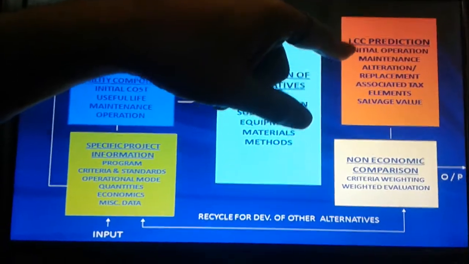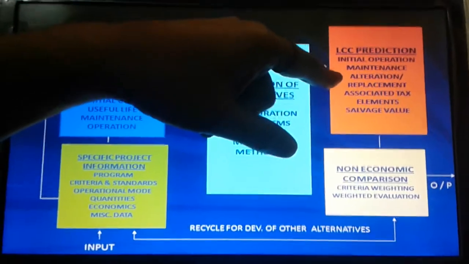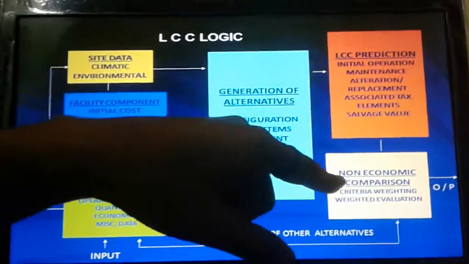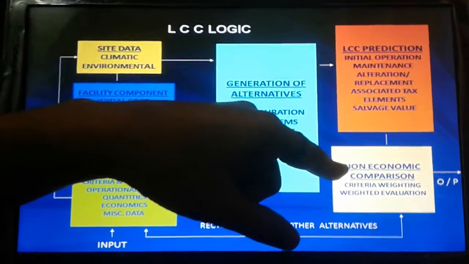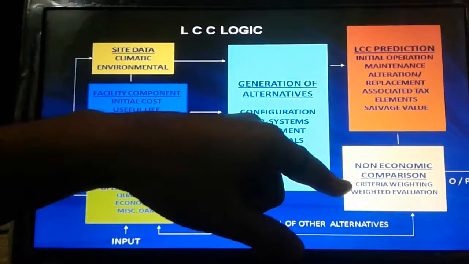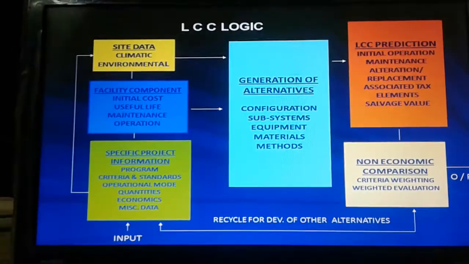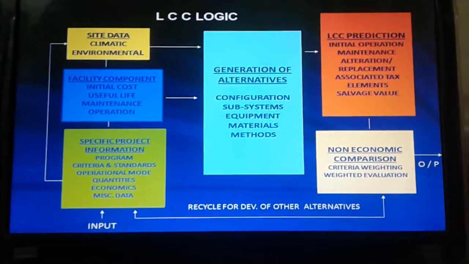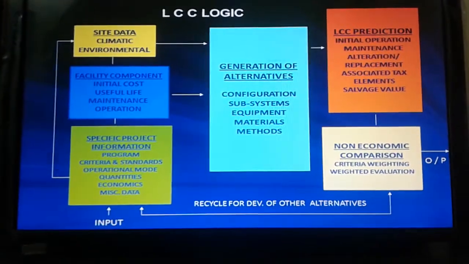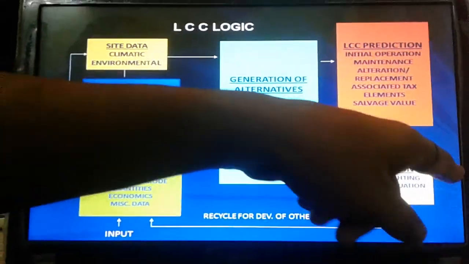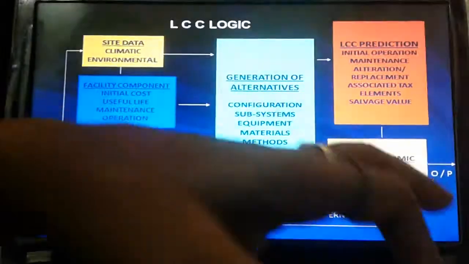Initial, operation, maintenance, alteration, replacement, associated tax elements, salvage value. There are also some non-economic parameters of comparison, like criteria weighting and weighted evaluation, which have to be considered if we need to carry out a life cycle costing logic. Finally, after considering all these different components, we get the desired output.